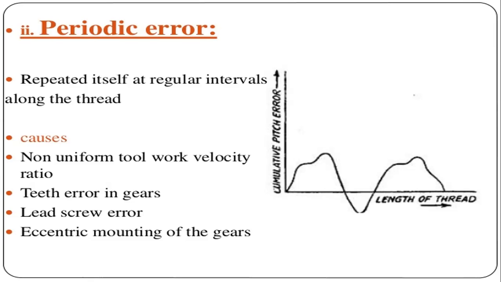The causes of the periodic error are: first, a non-uniform tool and work velocity ratio. Next, teeth errors in the gears.